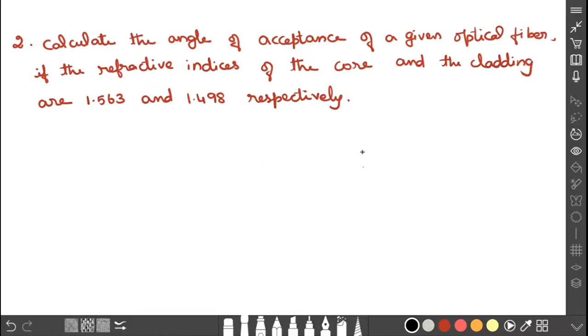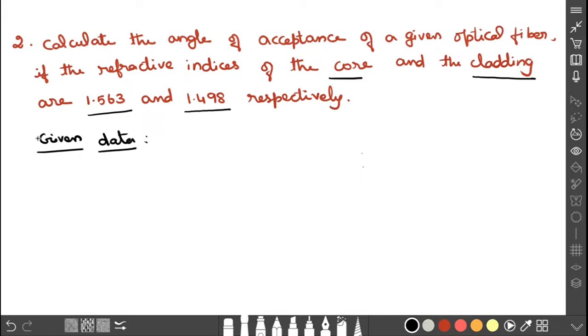Now see this second one. Calculate the angle of acceptance of a given optical fiber if the refractive indices of the core and cladding are 1.563 and 1.498 respectively. So what we have to calculate is the acceptance angle. First we will write the given data, the same information as in the previous problem.